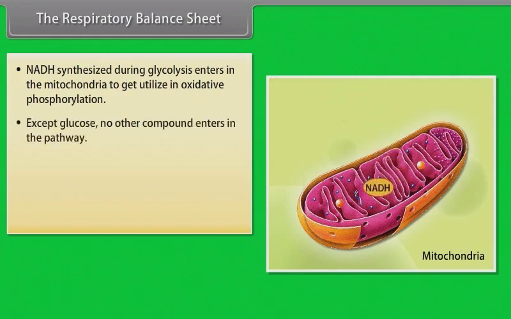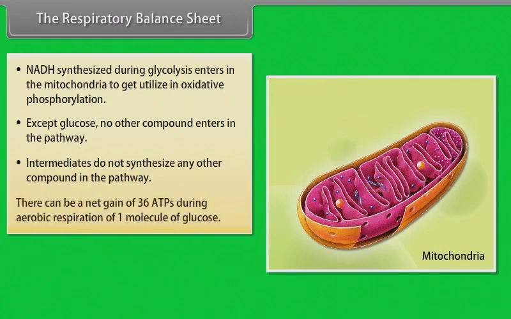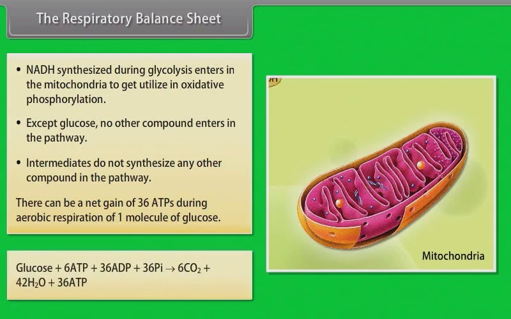Except glucose, no other compound enters the pathway. Intermediates do not synthesize any other compound in the pathway. There can be a net gain of 36 ATPs during aerobic respiration of one molecule of glucose. Glucose + 6 ATP + 36 ADP + 36 Pi gives 6 CO2 + 42 H2O + 36 ATP.